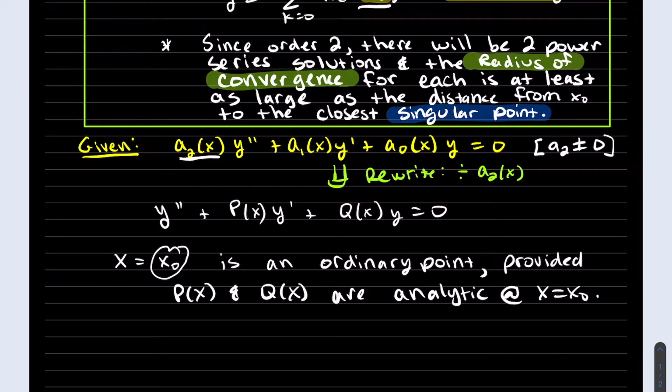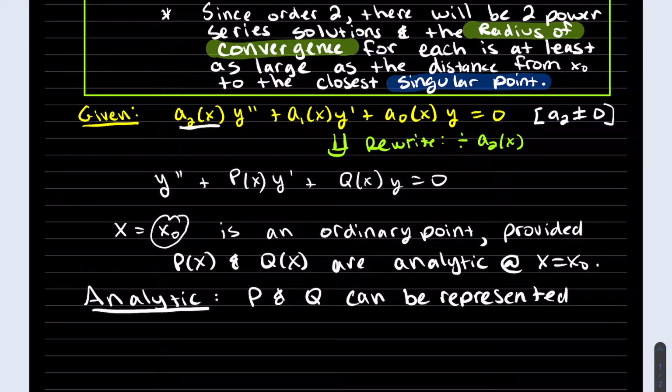So what does analytic mean? It pretty much means p and q can be represented by a power series centered at 0.